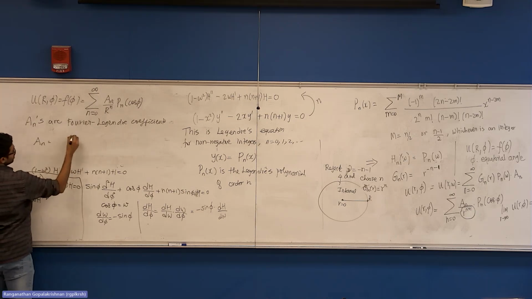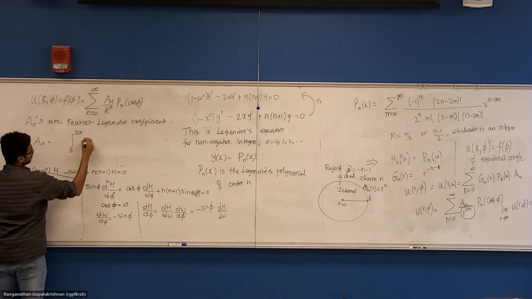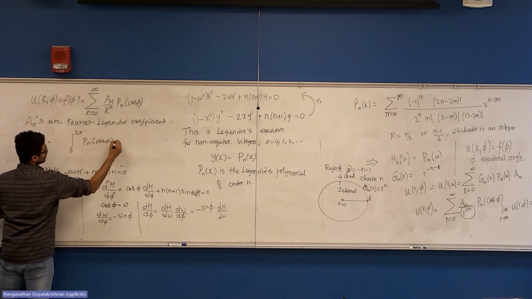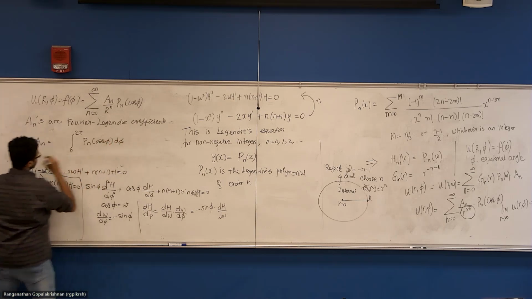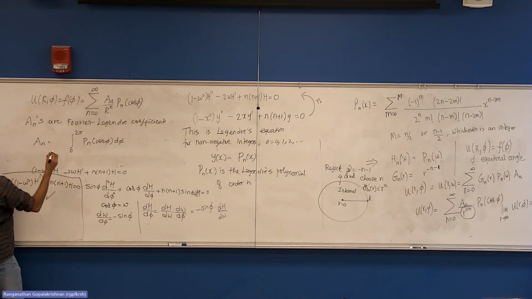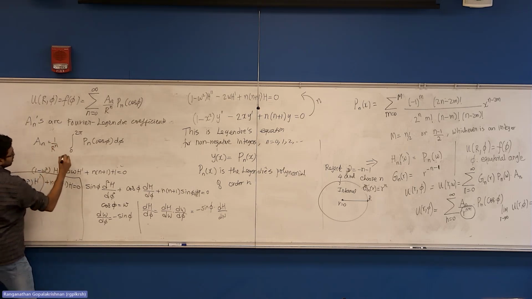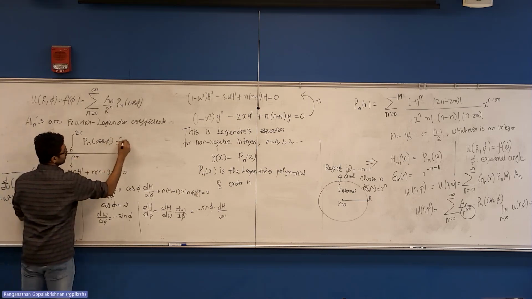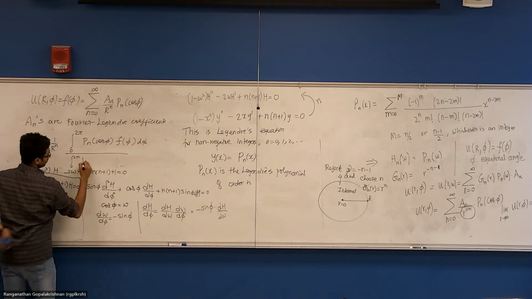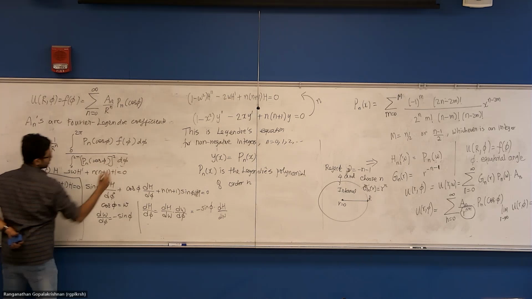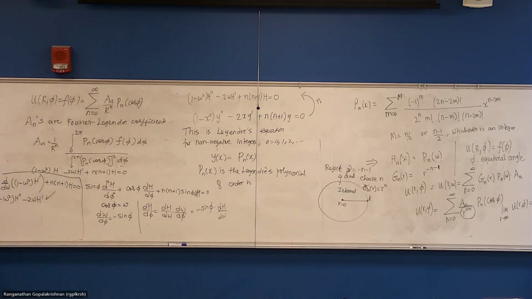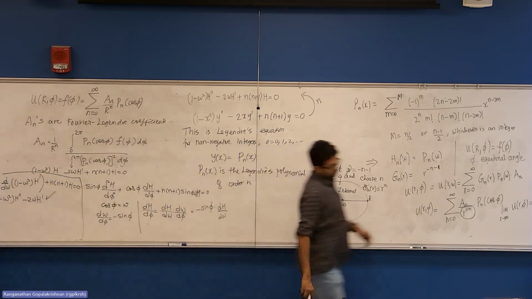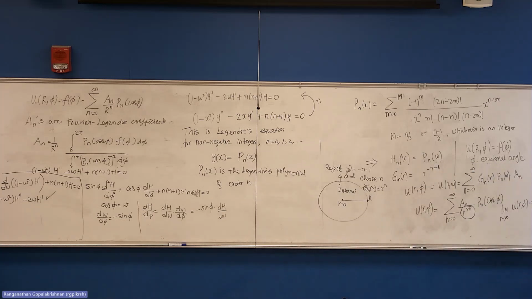We are looking at the angle here, 0 to 2 pi Pn cos phi d phi, divided by r power n, divided by 0 to 2 pi f of phi d phi Pn cos phi squared d phi. And I believe since this is integration with respect to phi, there is also going to be a sine phi involved. Just making sure. Yep.